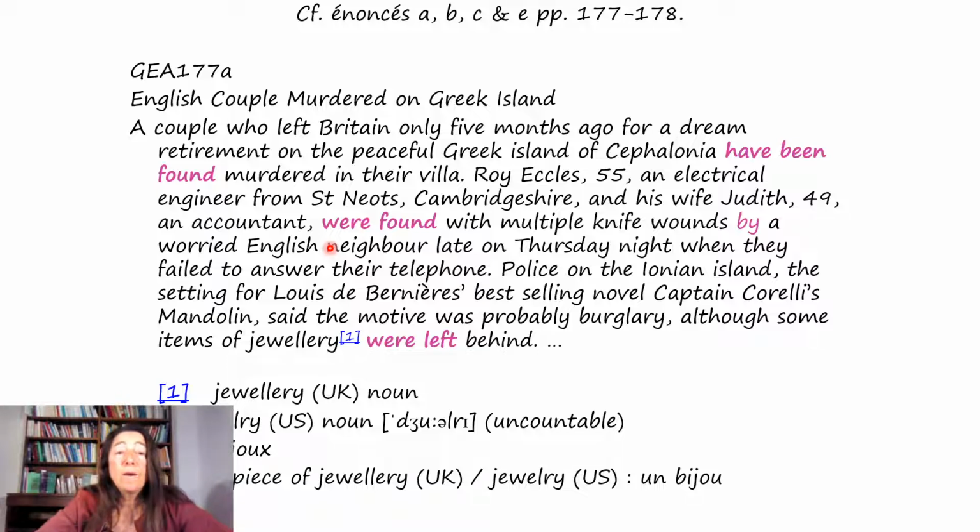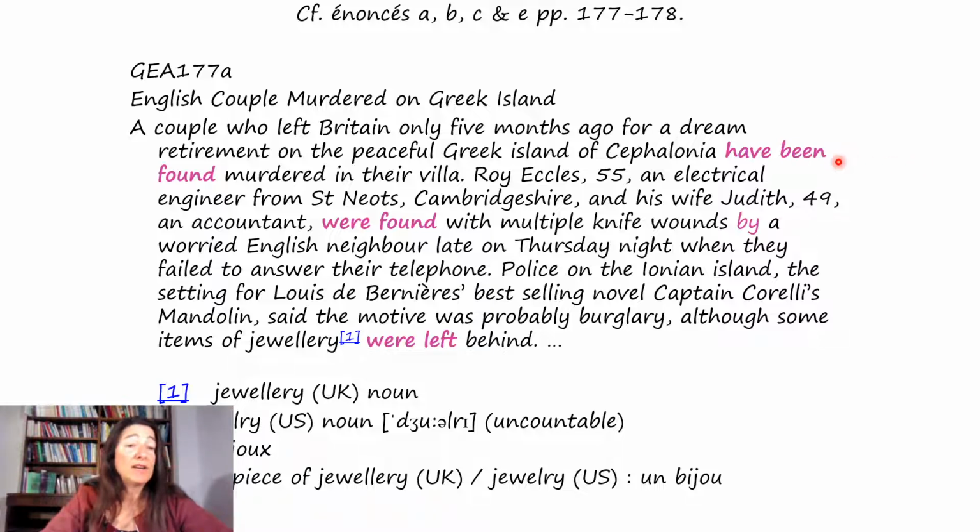So maybe before we ask ourselves why the passive form appears here, we can ask ourselves, why do we have the past tense here and why do we have the present perfect here? And the answer to that question is the fact that were found is associated with a marker that lets us know that we're focusing on a point in the past.